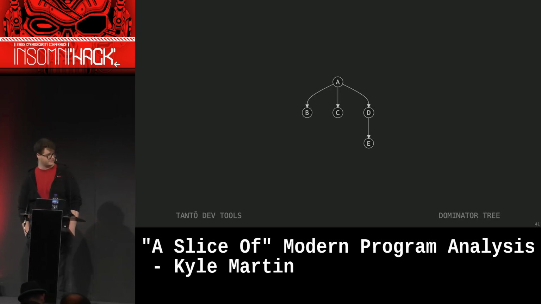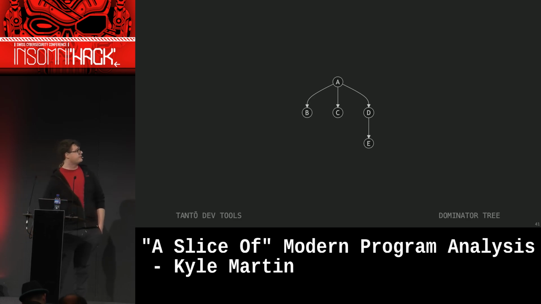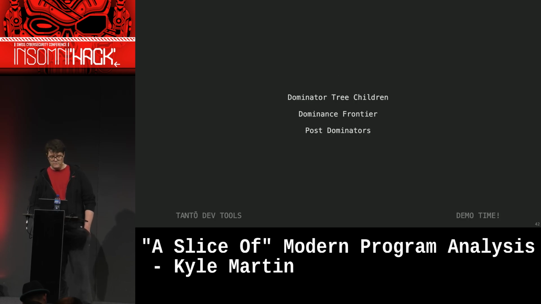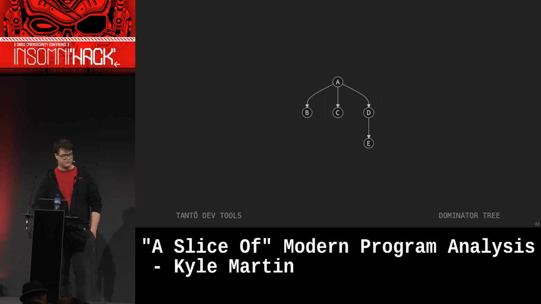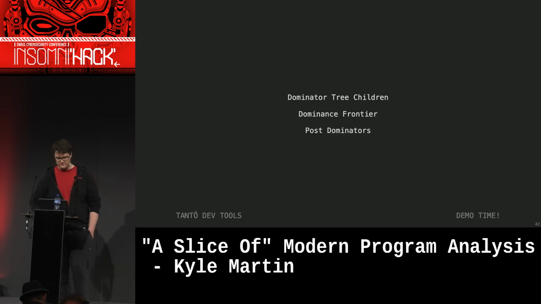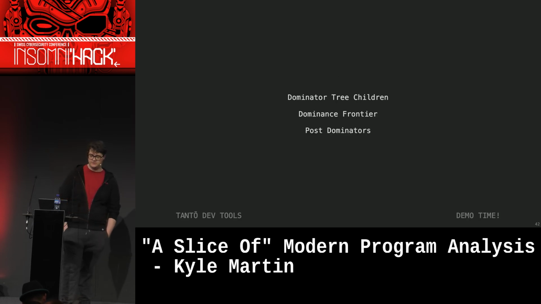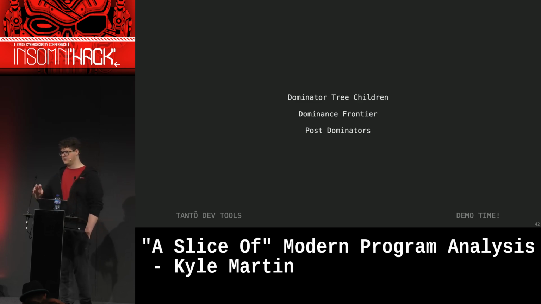You can describe that nicely as a tree, and you can see here that A dominates D dominates E, but B and C don't dominate anything. We've also got dominator tree children, which is just going to be the direct children. So the children of A are B, C, and D. You've got dominance frontiers and post dominators. Dominance frontiers are going to be sort of the merge points in your graph, the sync points, if you will.